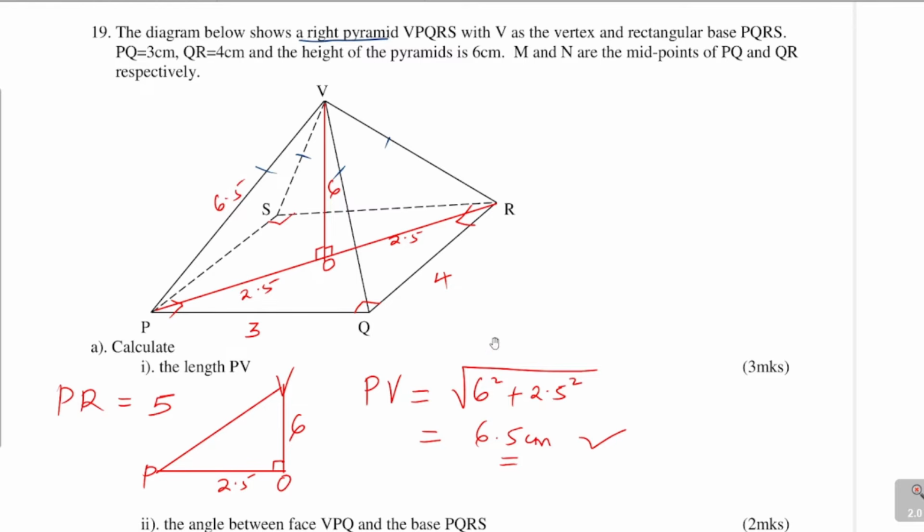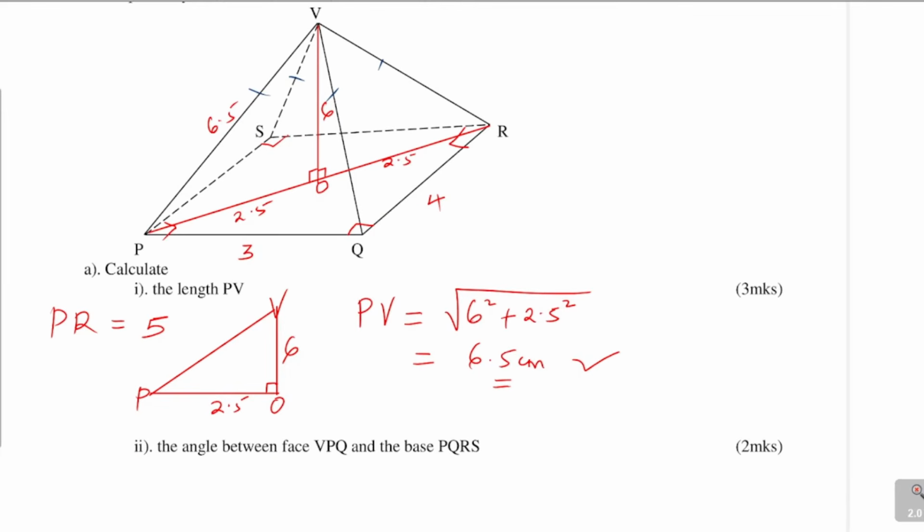Part 2, the angle between the planes VPQ and PQRS. That is the angle between two planes, the plane VPQ and the plane PQRS. To get the angle between two planes, this is what you're going to do.